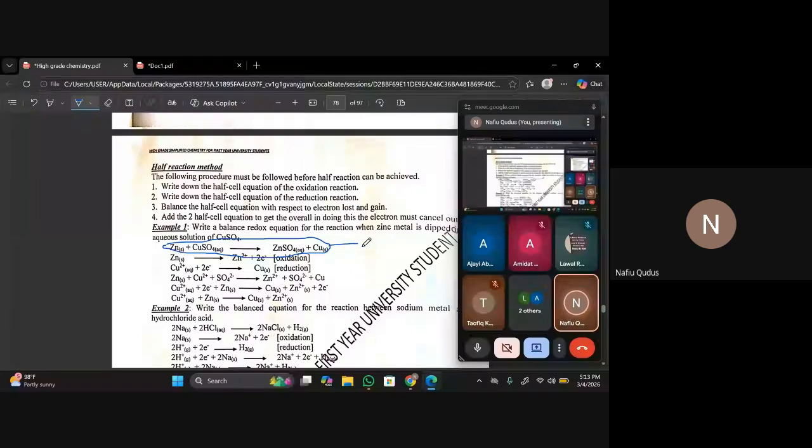Zn plus CuSO4 gives ZnSO4 plus Cu. Can someone tell us, please?